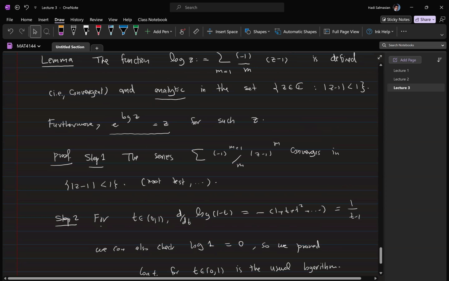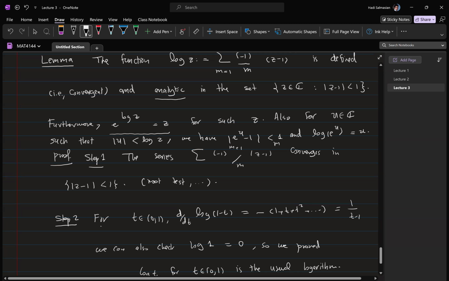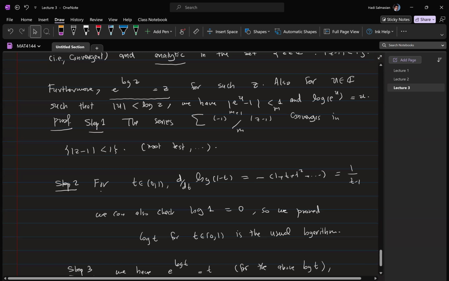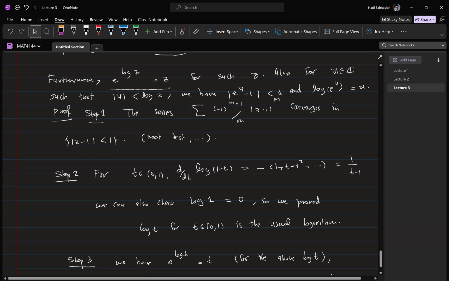The last thing in the statement is that for any complex number u such that the absolute value of u is less than log 2, we have e to the u minus 1 has absolute value less than 1, and therefore we can talk about log of e to the u, and it happens to be u. Okay.